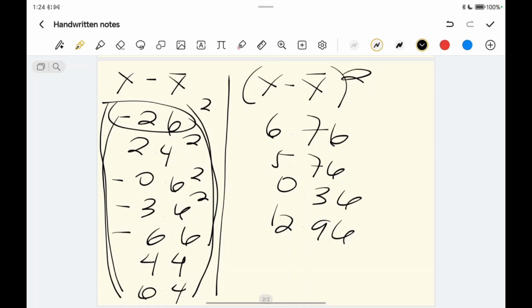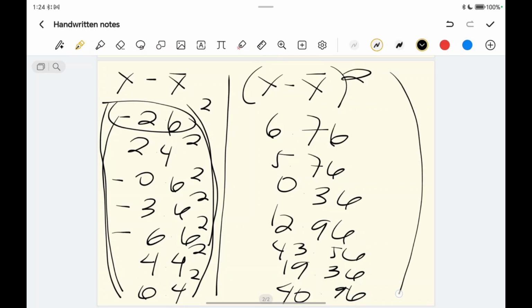Okay, 6.6 squared is 43.56. 4.4 squared is 19.36. Then lastly, 6.4 squared is 40.96. So these are now the squared version of these deviations.